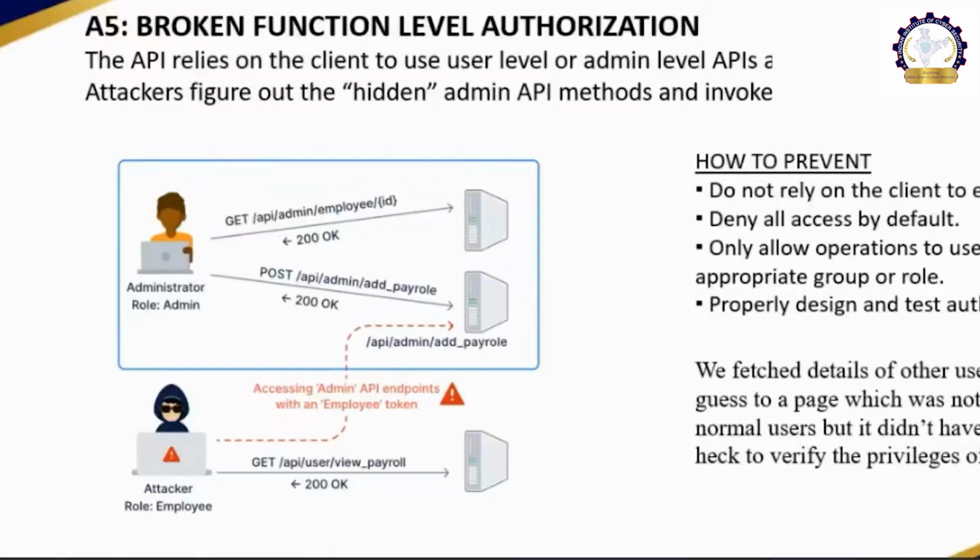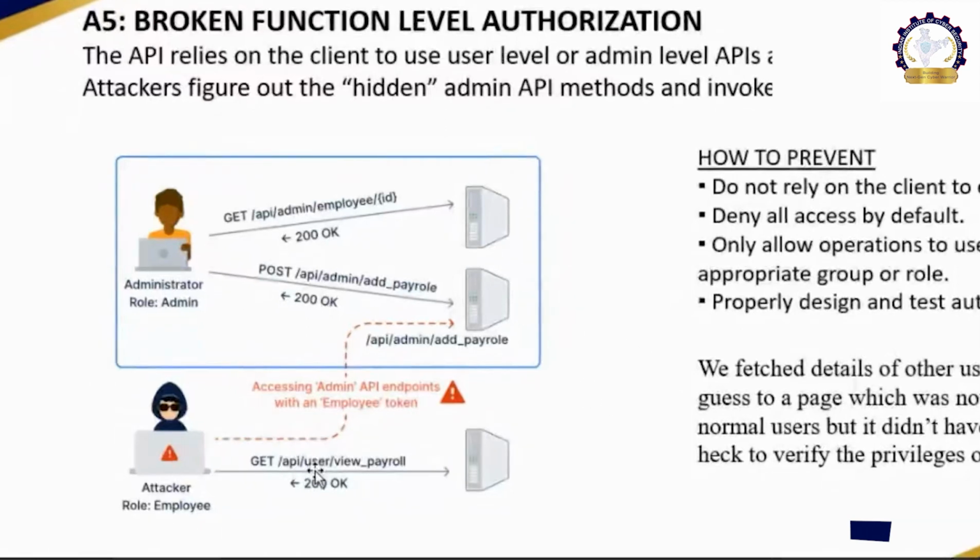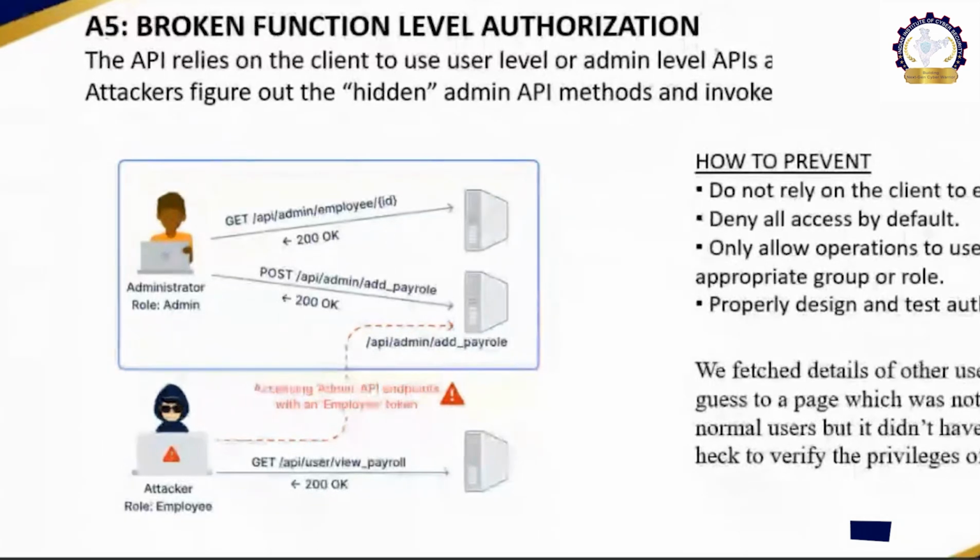If yes, then that is broken function level authorization. He is accessing an admin API endpoint with an employee token. He has this normal employee token, but just by changing user to admin, he can access content which only an admin should access.